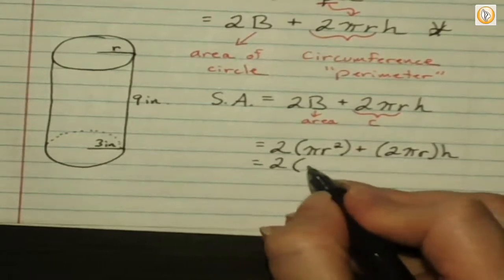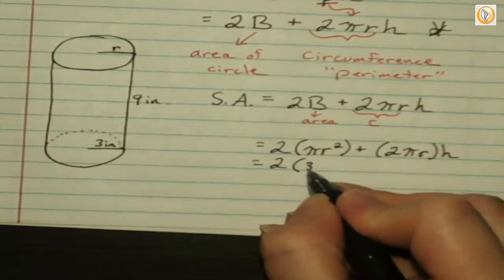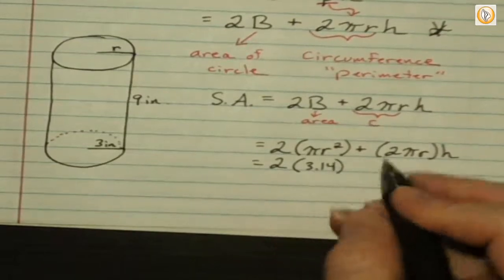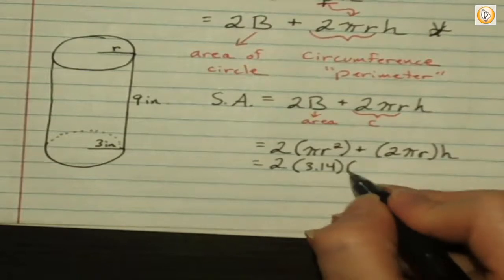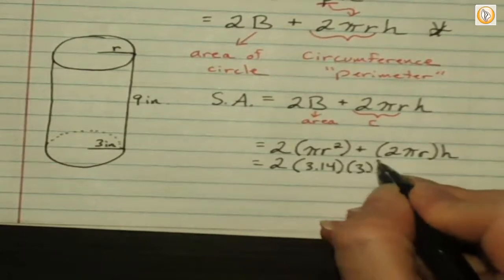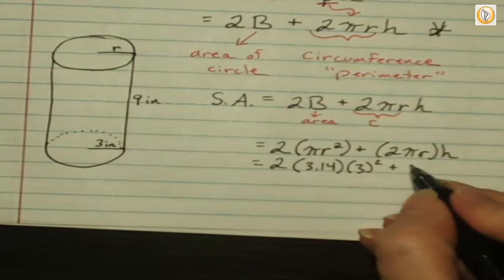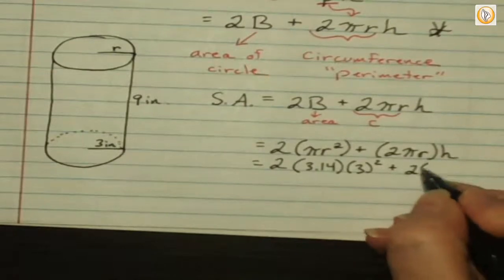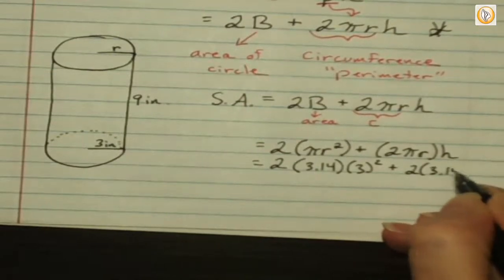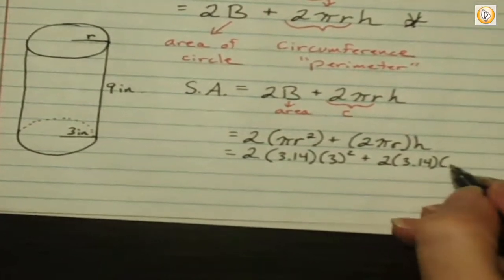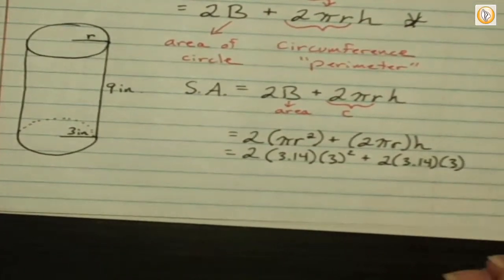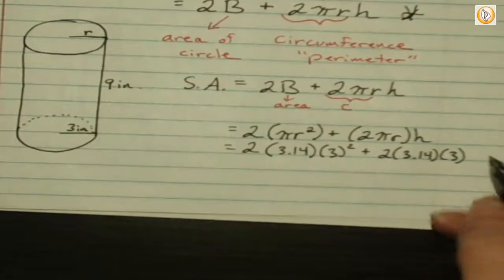What is pi? What's my radius? And then we start filling in here. 3.14 times my radius times, and Emily, what's my height? Very good.